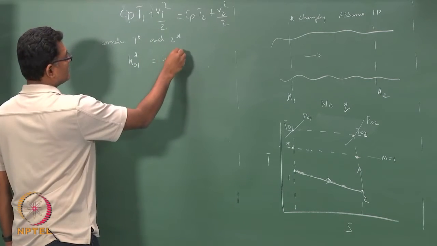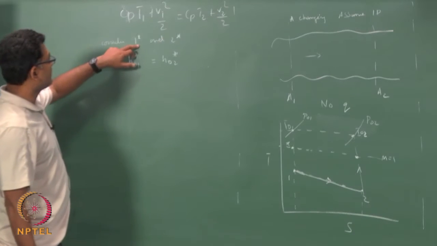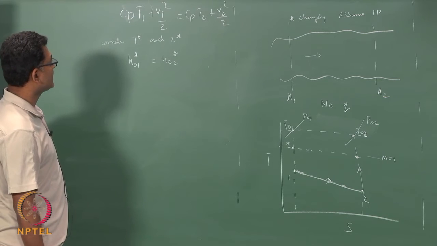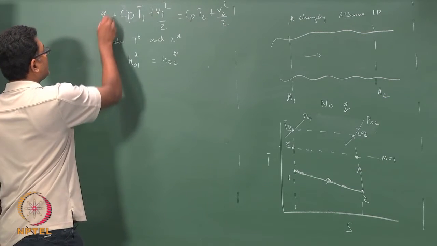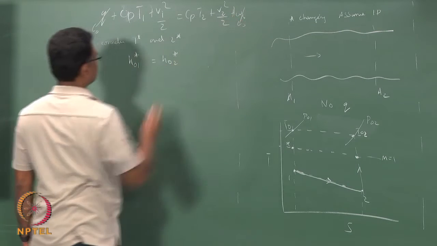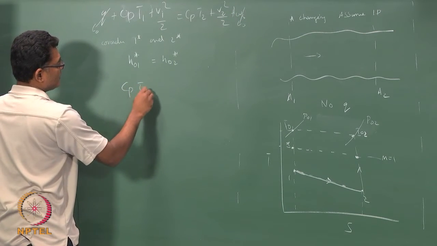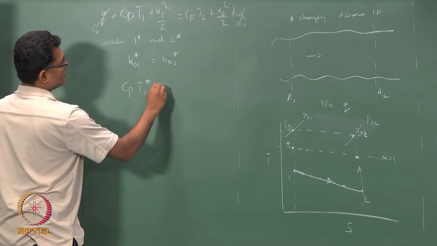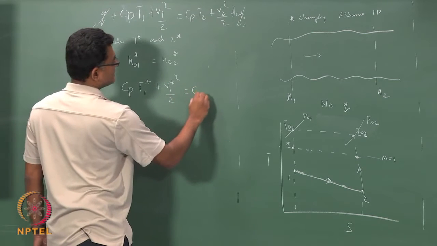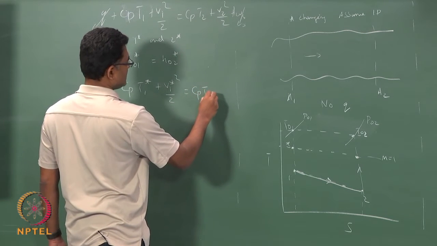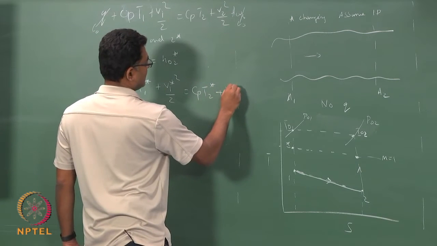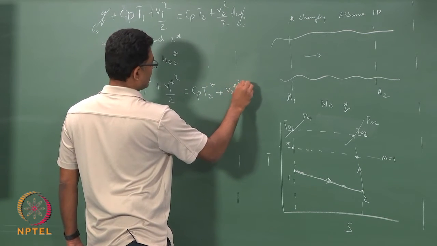If I substitute the star values, it is the stagnation enthalpy equating, because the Q here is 0, the W here is 0. So, I can write Cp T1 star plus V1 star square by 2 equals Cp T2 star plus V2 star square by 2.